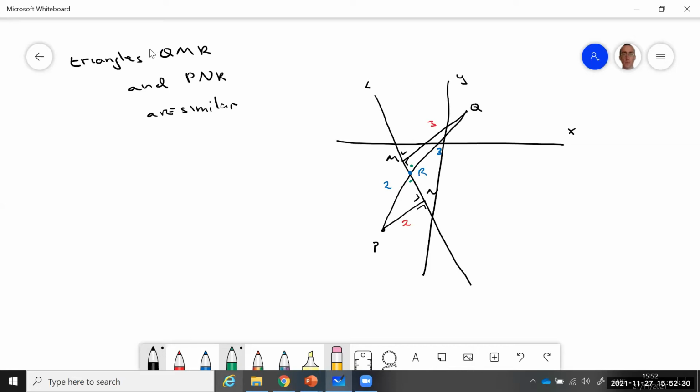In the lower triangle, the side opposite the 90 degrees is 2, whereas in the larger triangle, in terms of ratio anyway, the side opposite the right angle is 3. So the triangles are similar, because their sides are in proportion. So I'll go on to the next question.